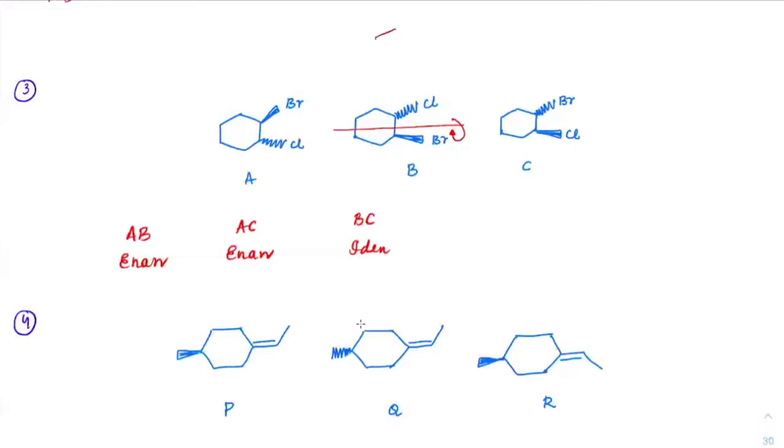After rotating, this will be the new molecule. I'm not able to compare B with A because chlorine is down here now, so to compare with A, first I rotate it by 180 degrees. Then I get this image. This is also B only; I've just rotated it. Clear? So now I can compare A and B.